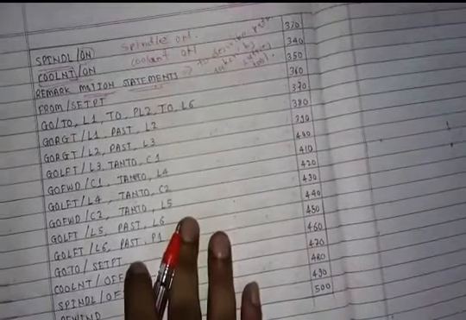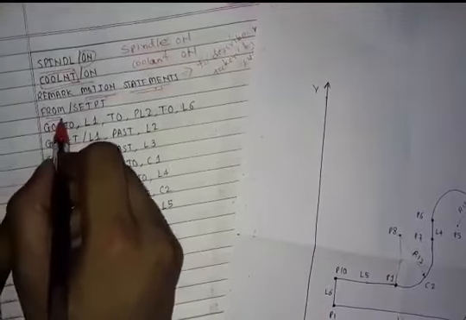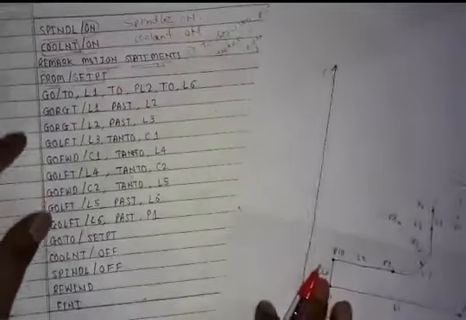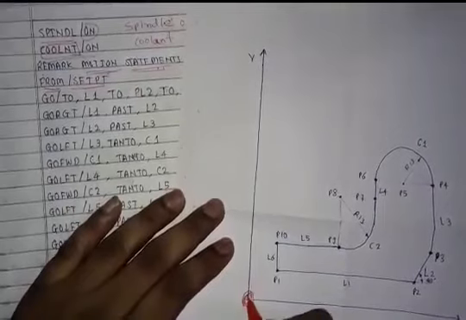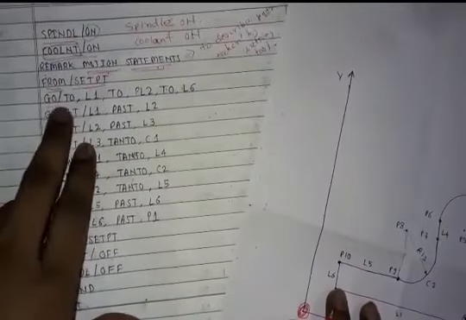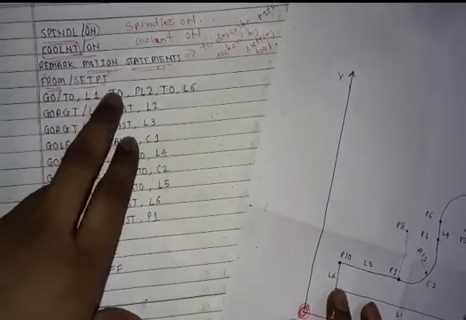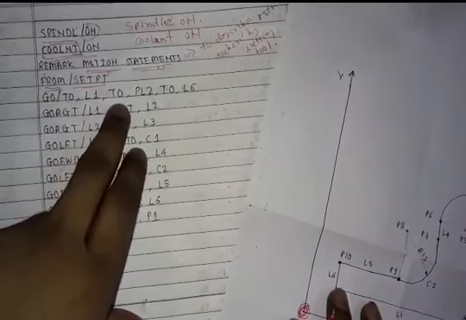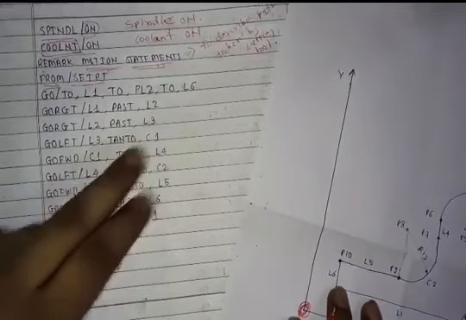Now start. Here, this is the diagram. Now start from the set point, this is the set point. GO slash to set point, SETPT for set point, GO slash to L1, comma 2, comma PL2, comma TO, comma L6.